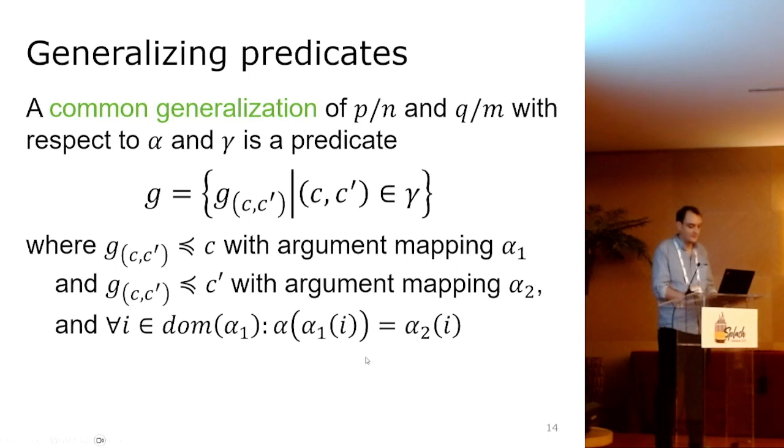I won't go into the details here, but this simply says that the two argument mappings are well defined so that the common generalization is a common generalization for both.